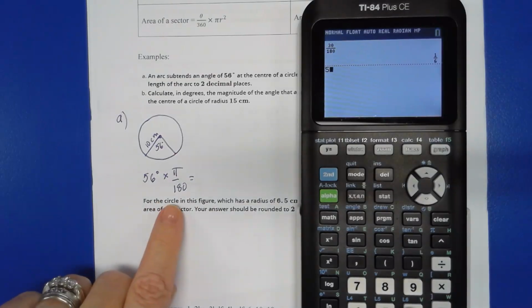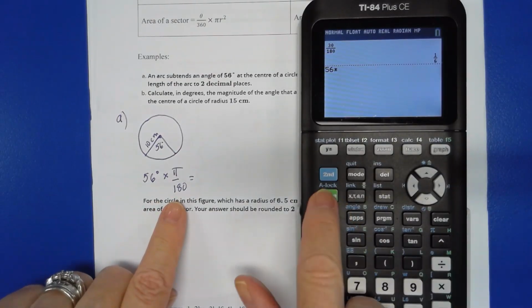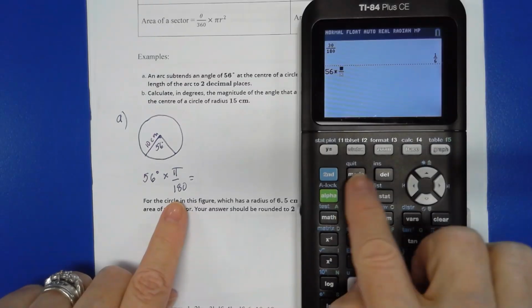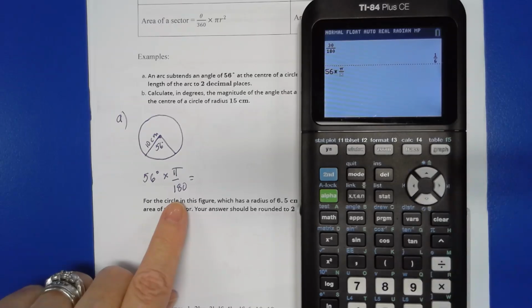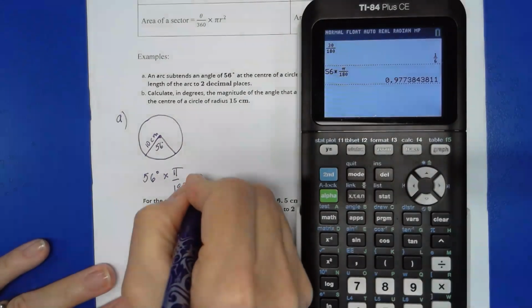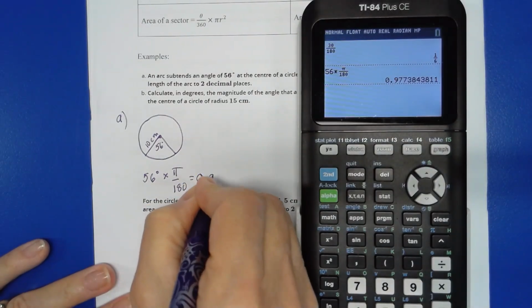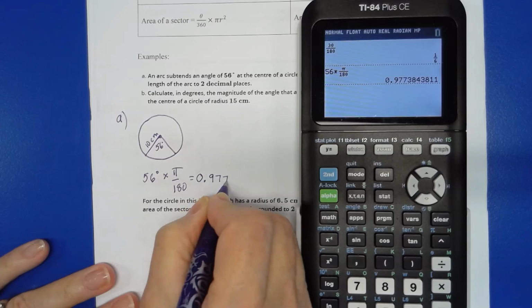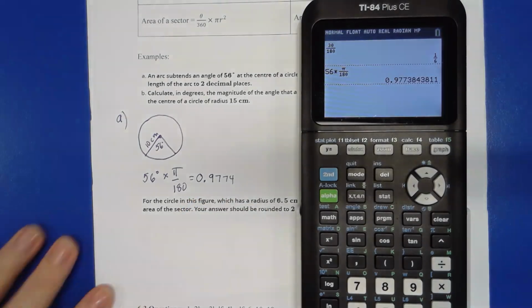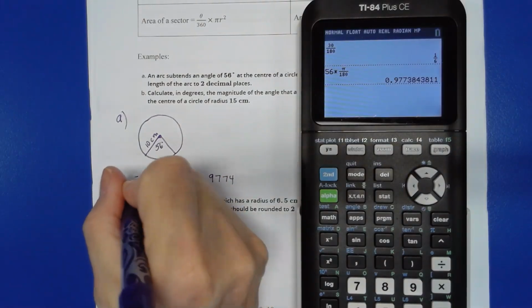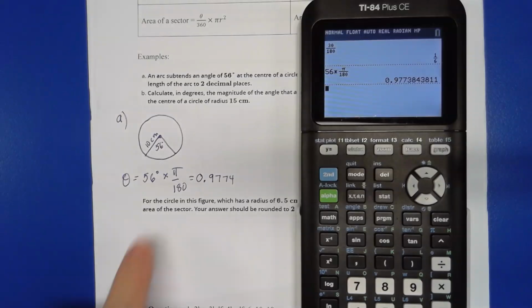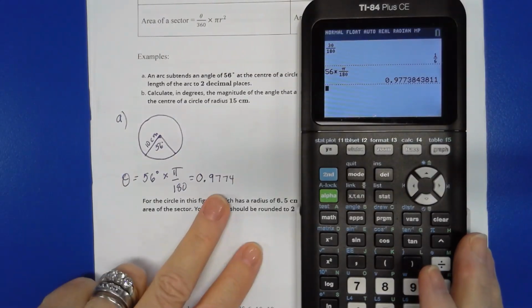Okay, so I'm going to do 56 times pi on 180. I'm going to do 4 decimal places to start with, for that angle. Okay, that's how many radians.